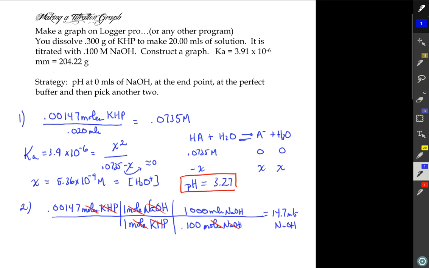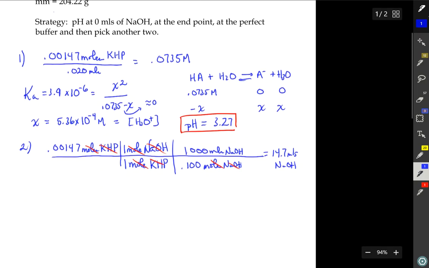at our endpoint or equivalence point. Now, this is the tough part. If we look at this again, HA plus OH minus produce, and it's a one-way arrow, H2O plus A minus.